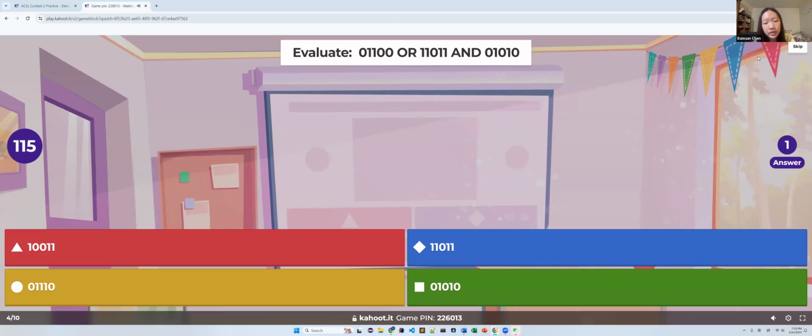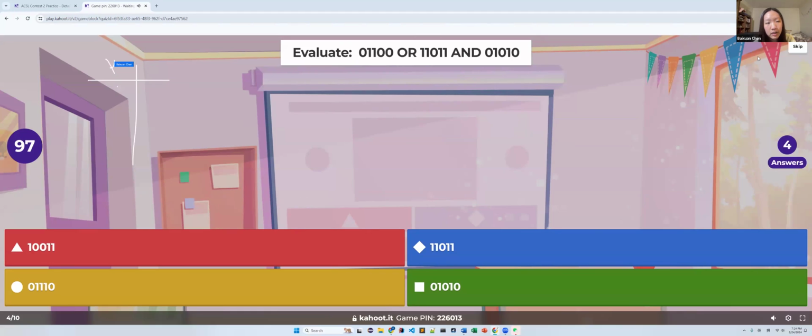Okay, so for this question, we're gonna go by order of operation. So we have to evaluate the and first and then the or. So for the and, like we have the chart here, right?